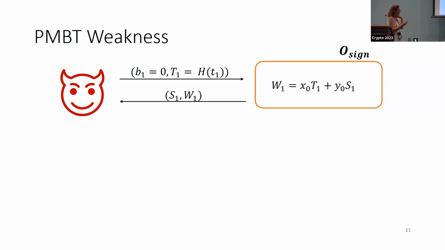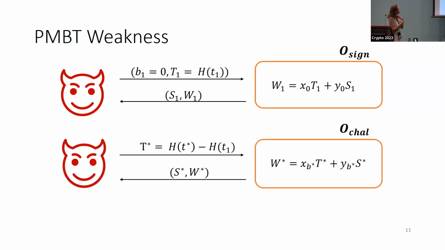It doesn't matter how the computation is done here, but in the second query, the adversary will query the challenge oracle with this differently formed tag. Here it will use a new tag T star, and then it will also use the T1 from the previous session by subtracting them. And because it is supposed to be oblivious to the server, the server will not know how this is formed, and it will just answer by using the B star, which is the challenge bit, in the response.